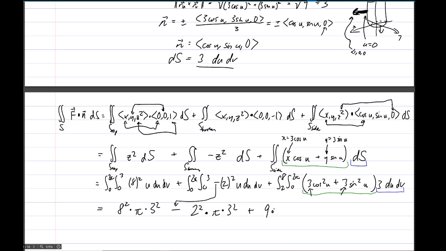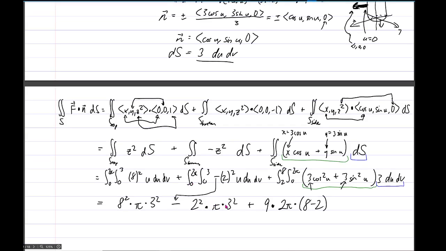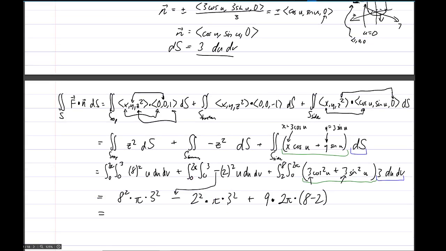So you're really just integrating the number 9 from 0 to 2 pi, so that'll create a factor of 2 pi. And then from 2 to 8, the variable really effectively doesn't appear there because you're just integrating a constant. If we work out some of these details, this will be 9 pi times 8 minus 2 times 8 plus 2. I won't bother really simplifying this in too creative a way or explaining all these steps.